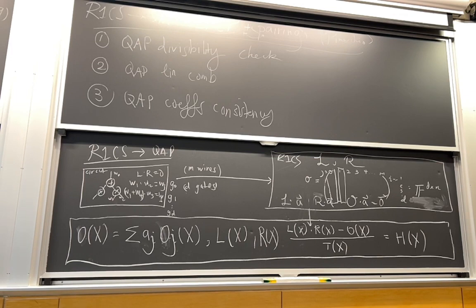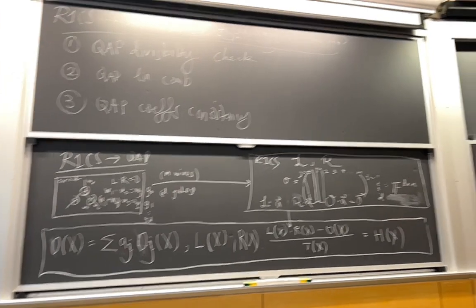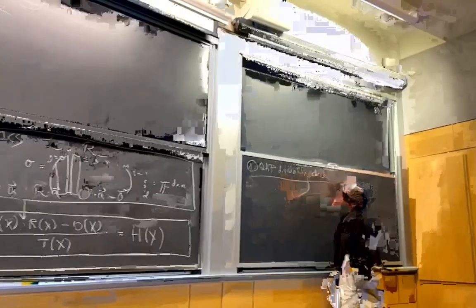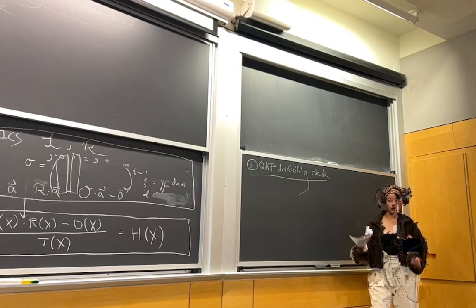So the first check that we're going to do is precisely this check, the divisibility check. And the next two checks fall out of this first check being inadequate. It falls out of having to prevent prover cheating strategies.